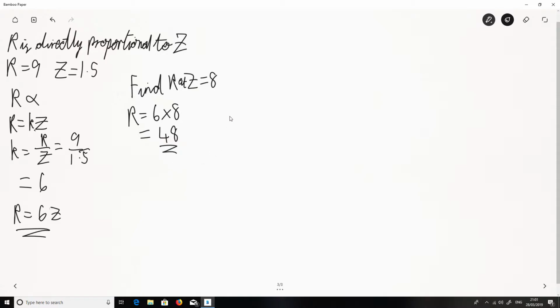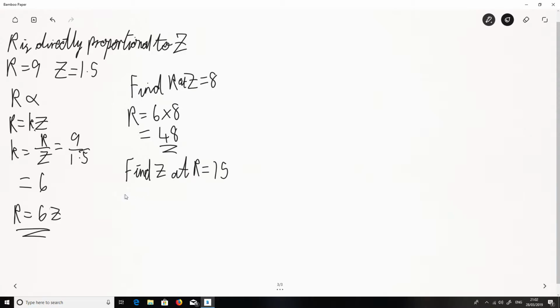Now I'm going to throw another little one in here, just quickly. Find z at r is equal to 15. There's no need to worry, it's just simply rearrange that equation that we've derived and we'll get straight back.